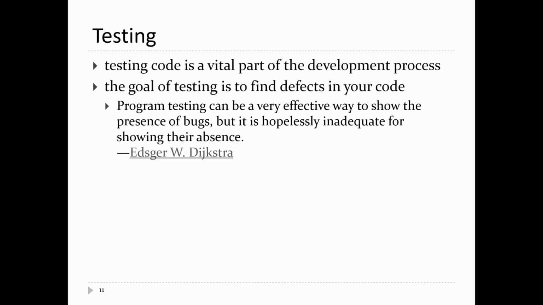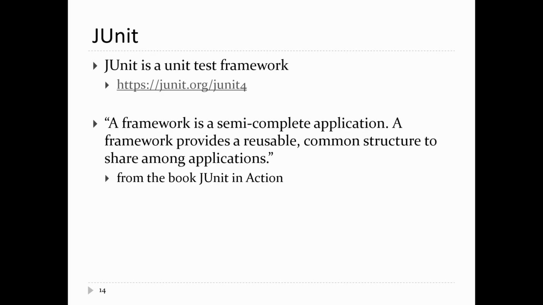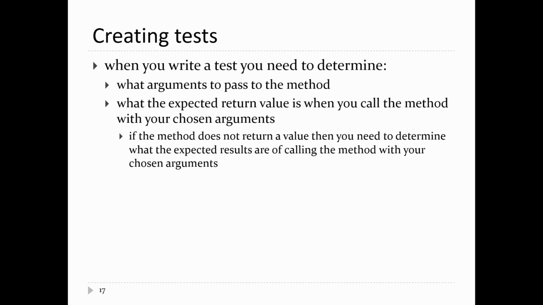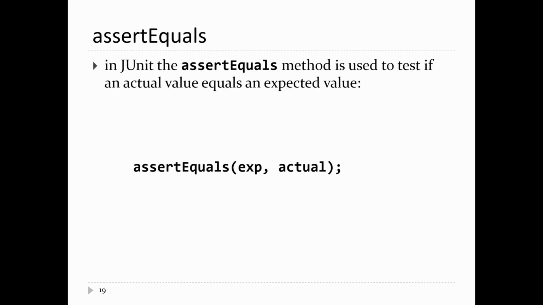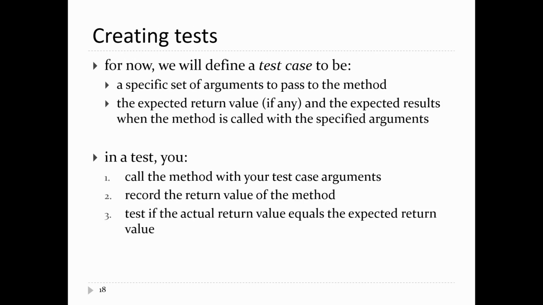So for example, if you're writing the method that computes e to the power x, where x is some double value, how do you independently compute that exponent so that you can test it later on? Not clear. So testing is very useful. It's not a magic bullet. Unfortunately, it's the best thing that we've got for the time being.